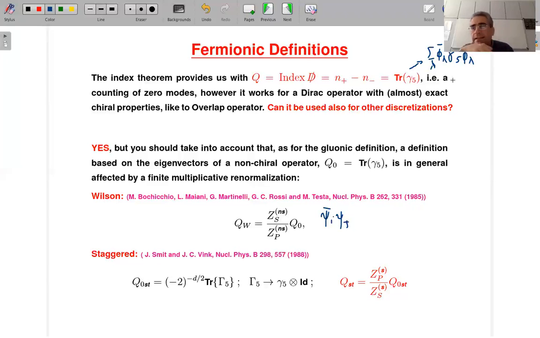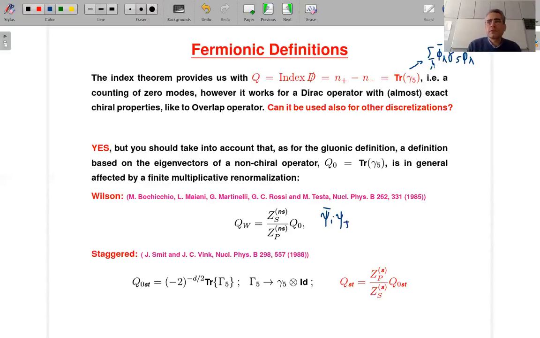Okay, and in the continuum, you can prove that just lambda equal to 0 contributes to this sum. Because when lambda is different from 0, the contribution is exactly 0 by the properties of non-zero eigenvalues of the continuum Dirac operator.